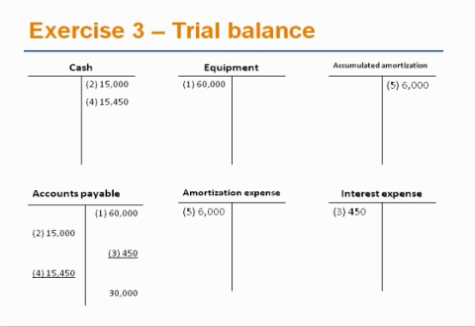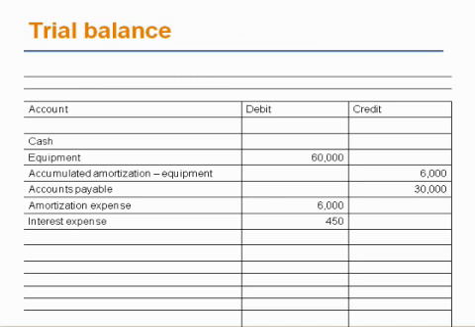So in this case, we're going to be looking at the account balances we have for equipment, for accumulated amortization, for accounts payable, amortization expense, and interest expense. We'll leave out the cash balance at the moment since we don't have our opening entries. So these amounts will be summarized, and under our equipment, we had a total value of $60,000.